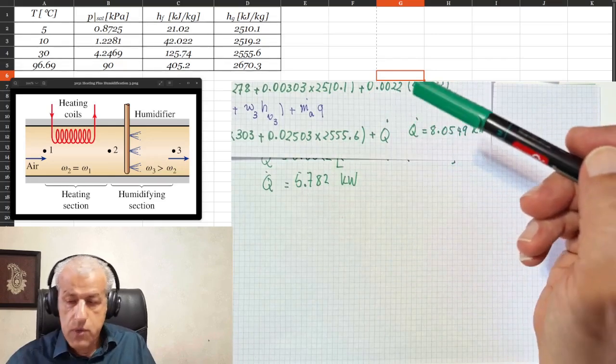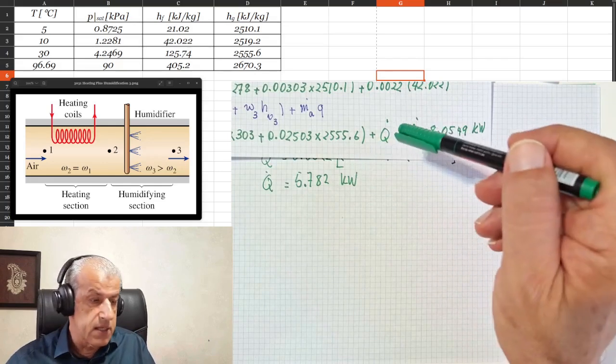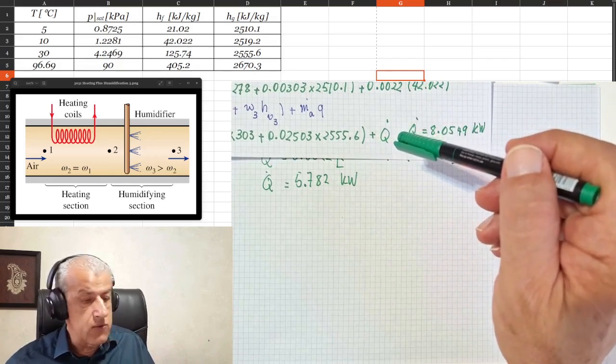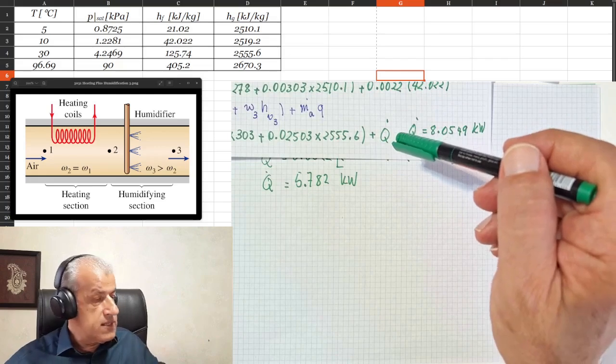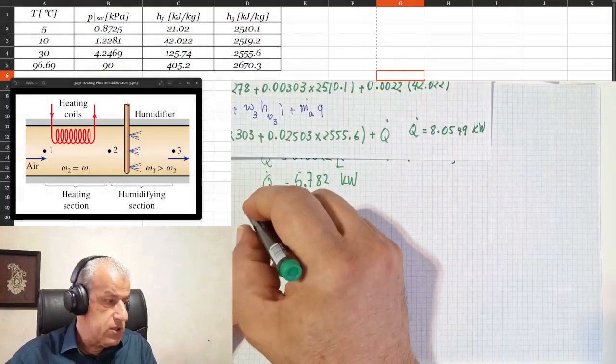So what we do is that we just deduct these two values.